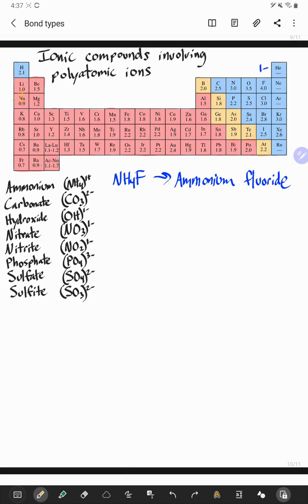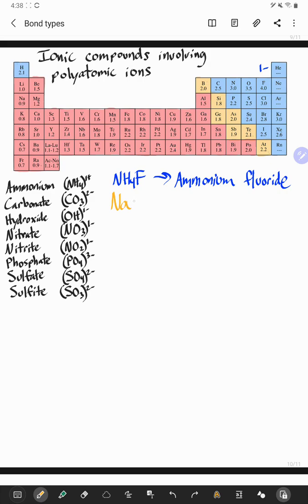So we're going to do sodium. So we've got Na, and then we have nitrate. Nitrate has the formula NO3 1-. So we know that sodium, being in column 1, has a positive 1 charge, and nitrate, we just said, has a negative 1 charge.